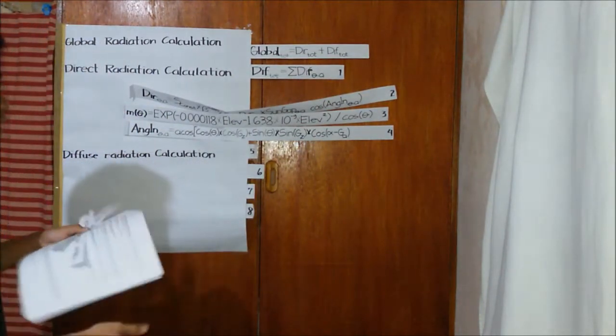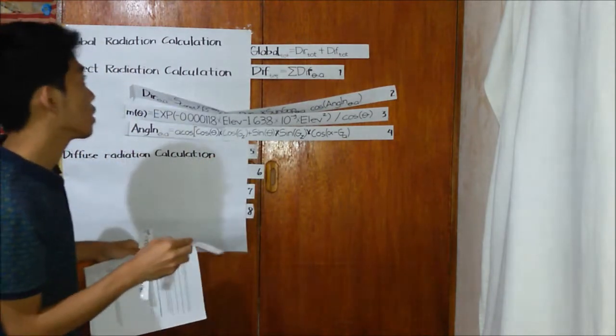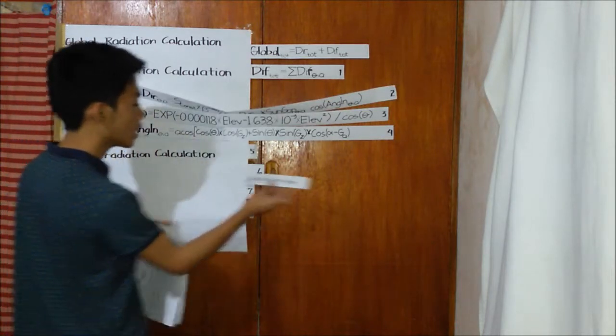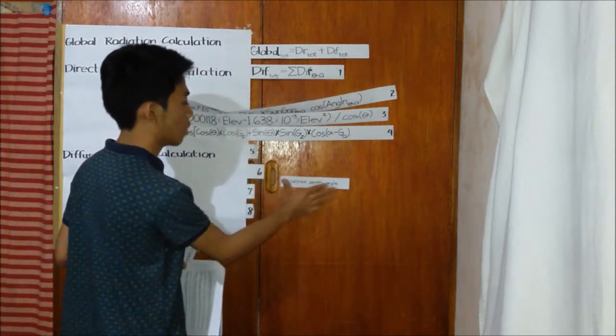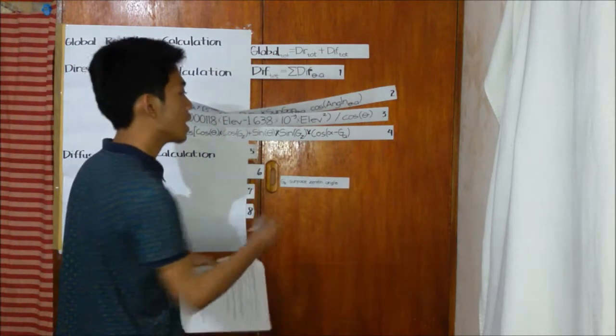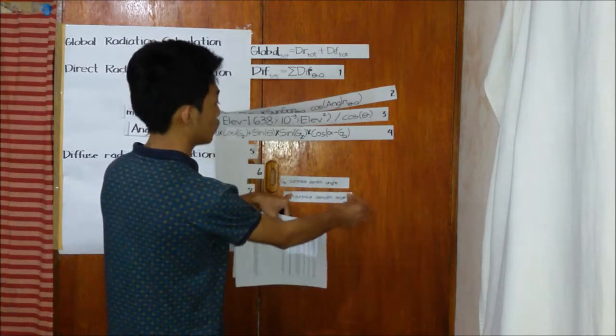where GZ means the surface zenith angle and GA means the surface azimuth angle.